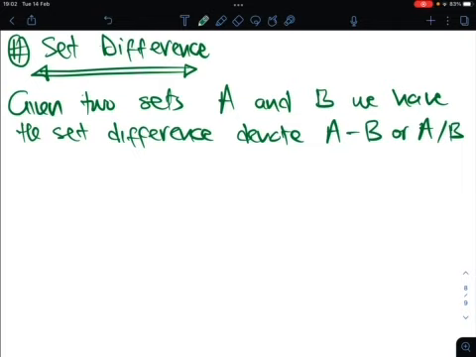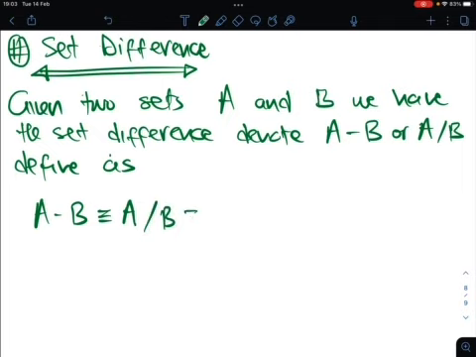You see that? So we have this thing that is called the set difference, which is defined as A minus B, or A backslash B. So what is the set difference? What is A minus B, which is actually the same thing as saying A over B?